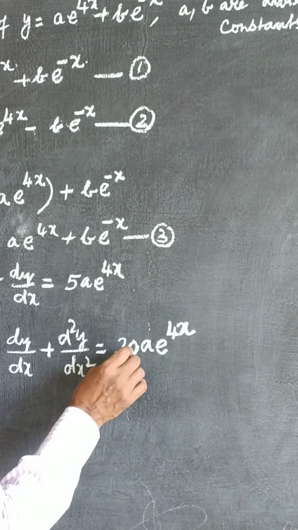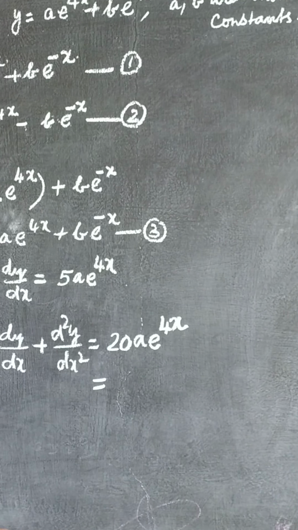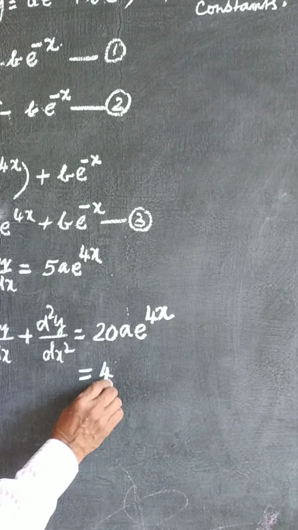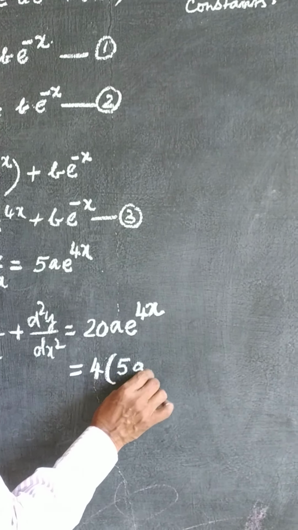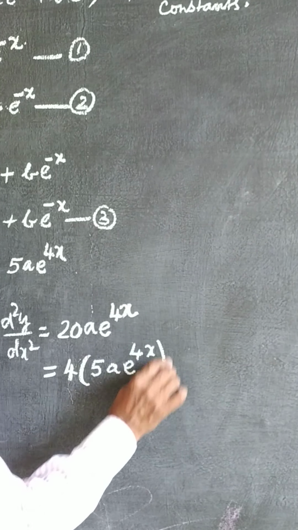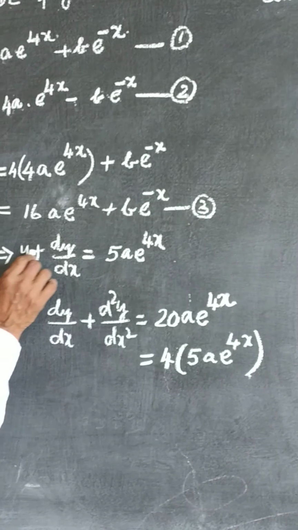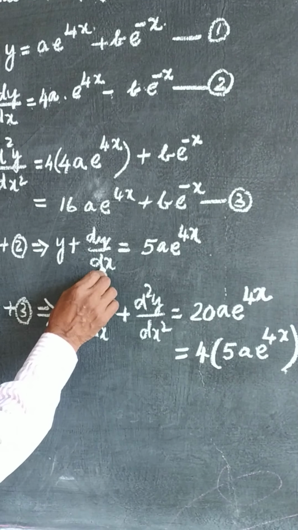This 20 e power 4x can be conveniently written as 4 into 5a e power 4x, because we got the result for 5a e power 4x is equal to y plus dy by dx in the previous case.